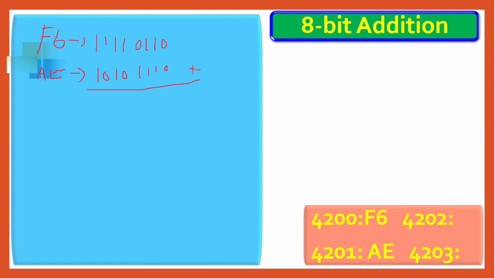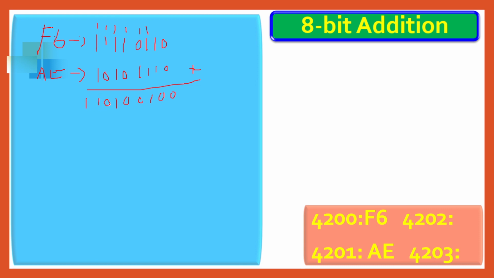0 plus 0 is 0, 1 plus 1 is 10, 111 is 1110, here it is 10, here it is 111 is 11, 1 plus 1 is 10, 111 is 11.